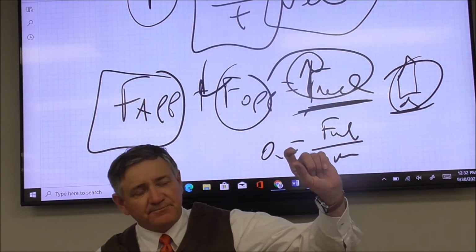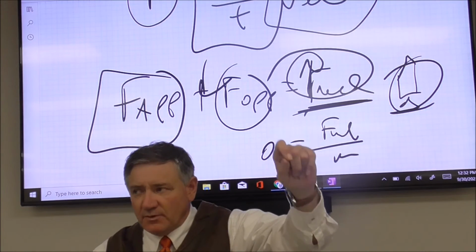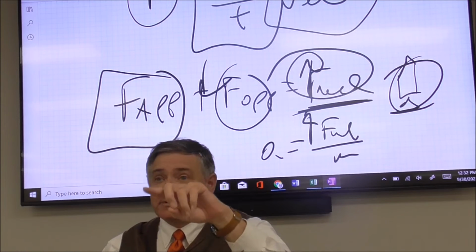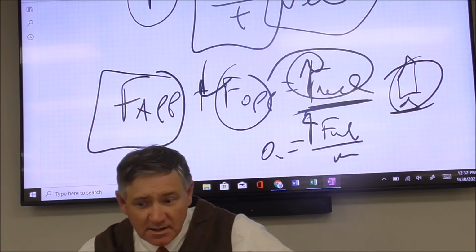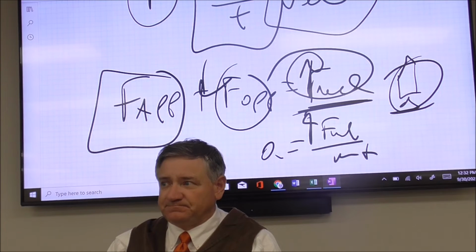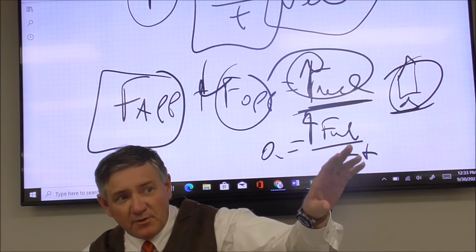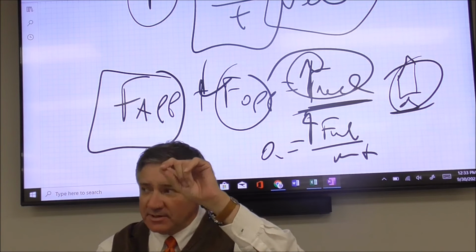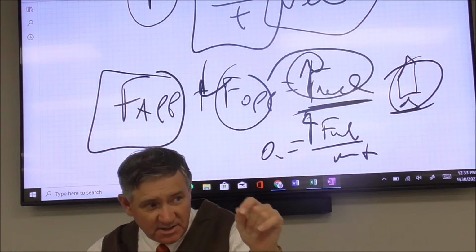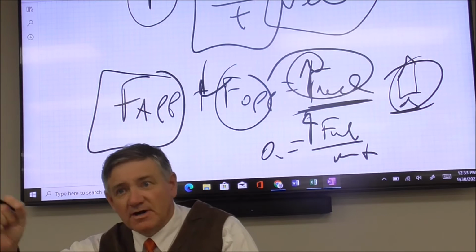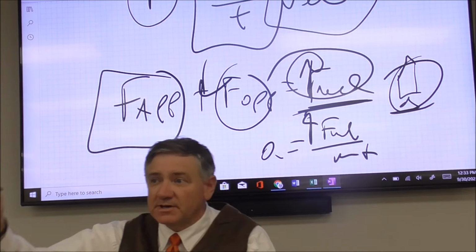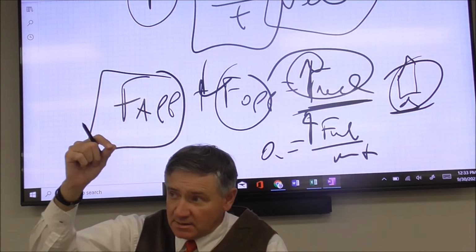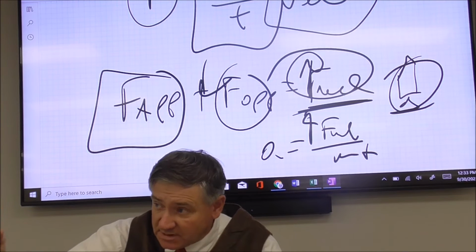So look what happens. As the rocket goes up, what happens to your net force? It's getting bigger. But what happens to the value of the mass? Smaller. It becomes smaller. So you have a bigger net force acting on a smaller mass. So what's going to happen to your acceleration? It's going to increase. So your acceleration, stay with me here, accelerates as a function of time.